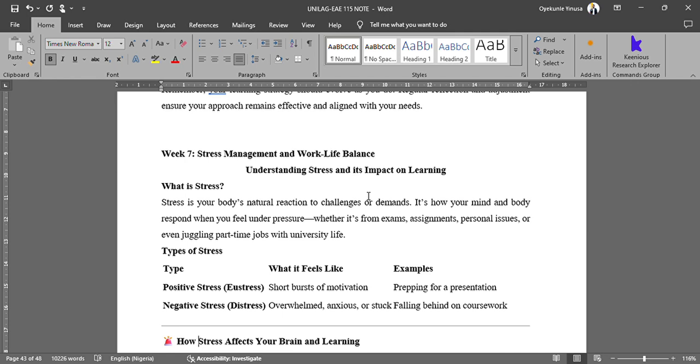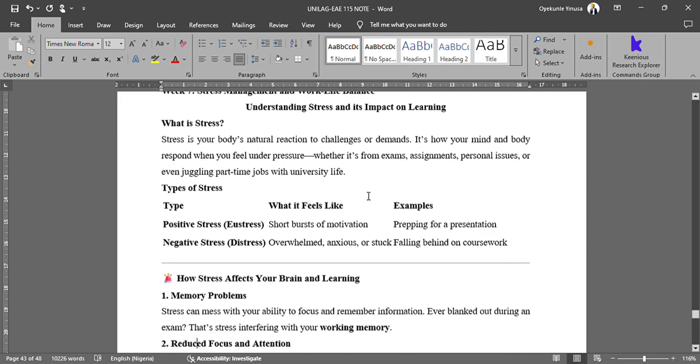It is how your mind and body respond when you feel under pressure. Whether it's from exams, assignments, presentations, personal issues, family issues, or even juggling a part-time job with your school, all these are bound to give you stress because you may not have control over them at times.